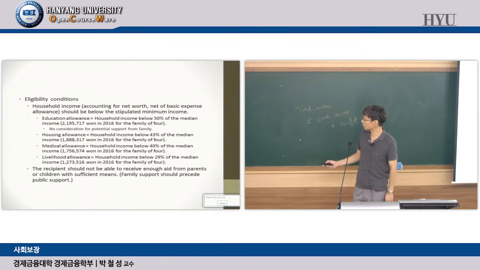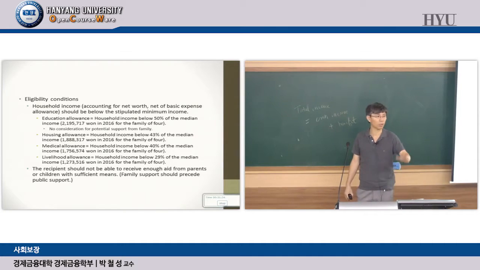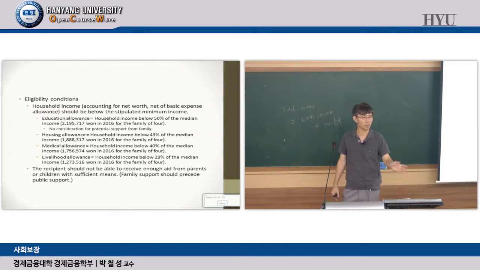Anyway, this rule may be necessary in the sense that if there is no rule like this one, the welfare program may be abused. They could just divide the household into two, and one household can get the welfare benefit.